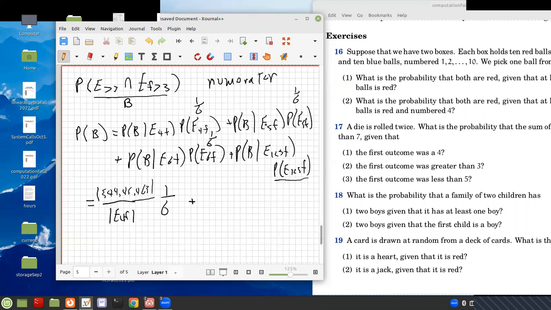Okay, so we can put this in maybe here to be 1/6 plus, well, we have the conditional probability that the 5 is first, over the number of outcomes where the 5 is first, and in the numerator is going to be the number where these both occur. So that's going to be the number of elements where you have a 5, and the second one makes it greater than 7.